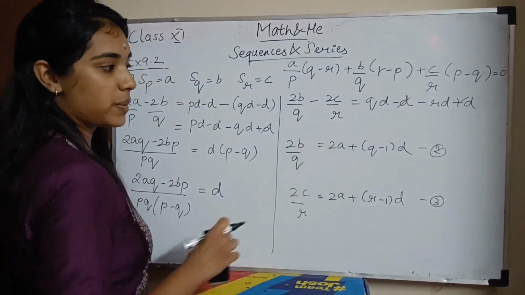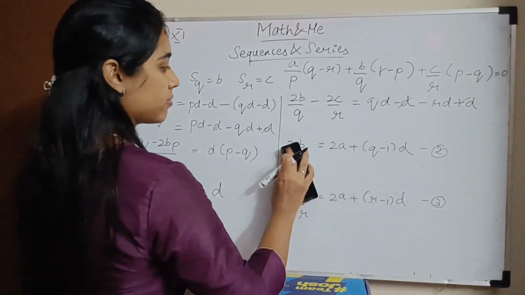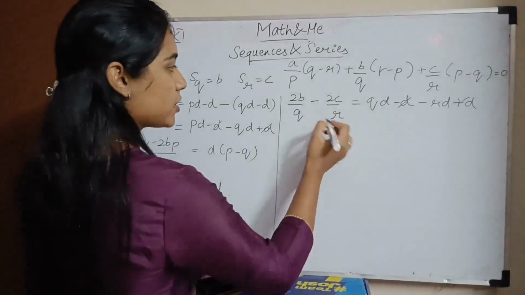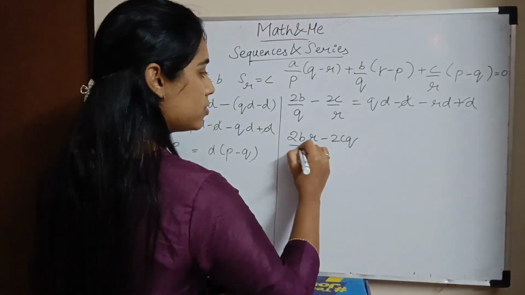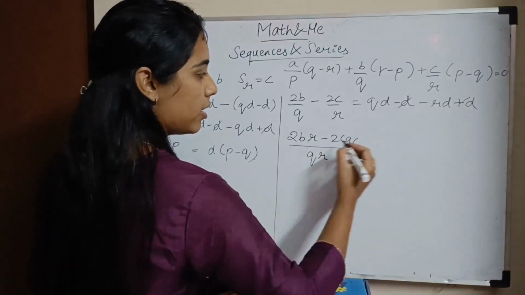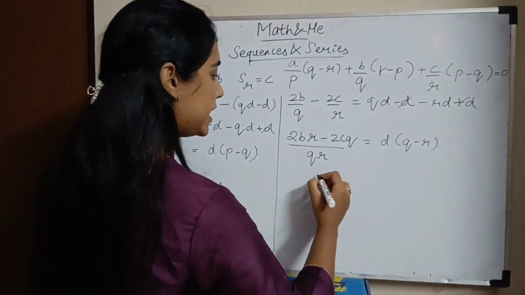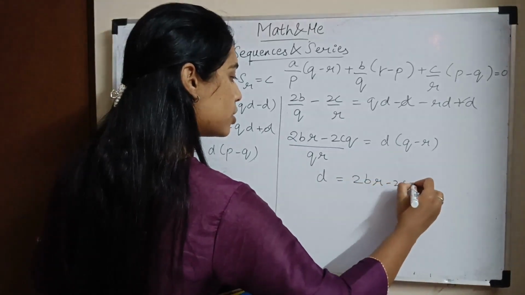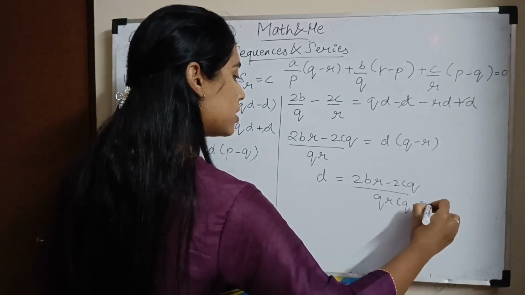Now I'll erase these two equations. Please write them down. So I'm taking the LCM. (2BR minus 2CQ) divided by QR equals d times (Q minus R). So what is my d now? d equals (2BR minus 2CQ) divided by QR times (Q minus R).